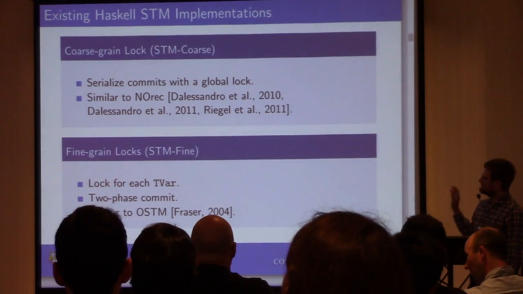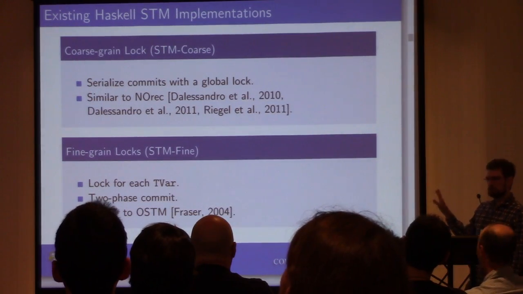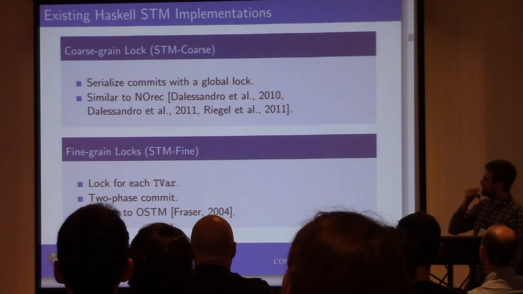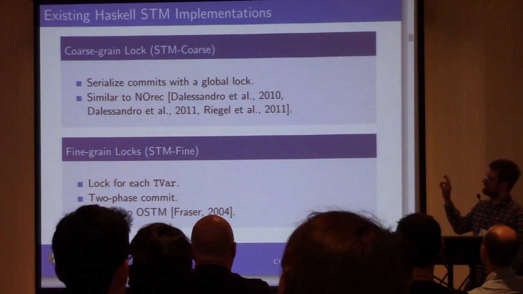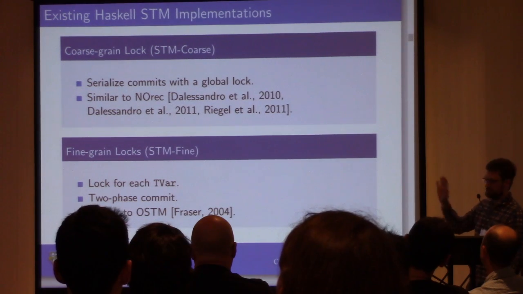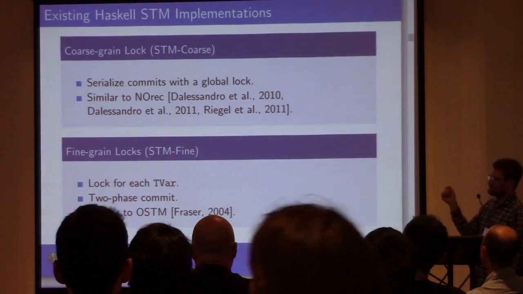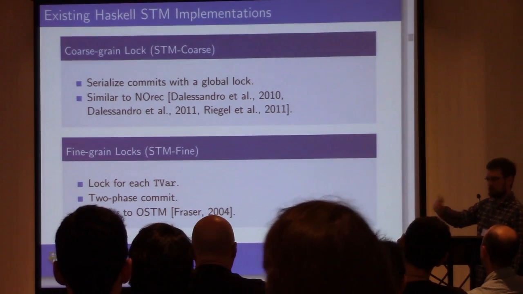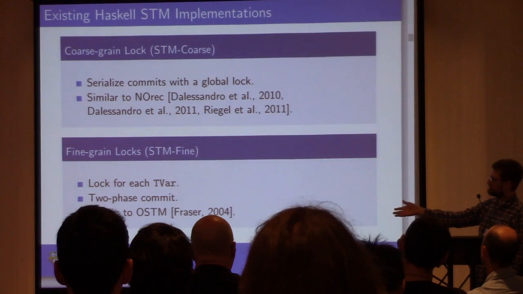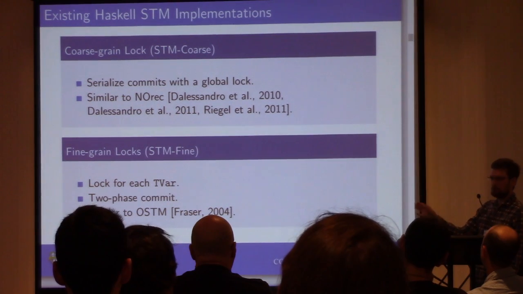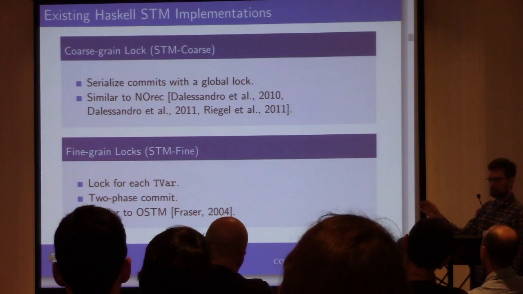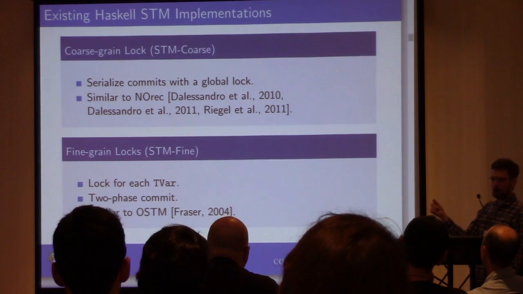There are two implementations of this in GHC. The coarse-grain lock version, which is actually slightly bit-rotted right now. I need to send some patches to fix that. The idea is you run this whole speculative execution with the transactional record, but when you get to the part where you're going to do the validation and the writes, you take a global lock.